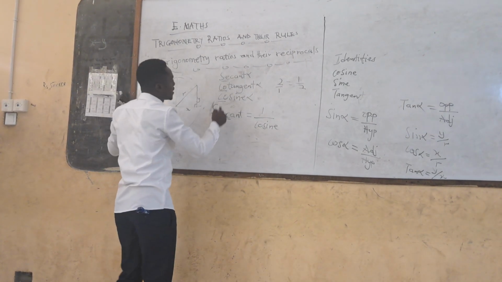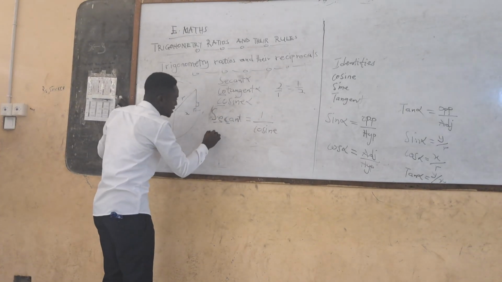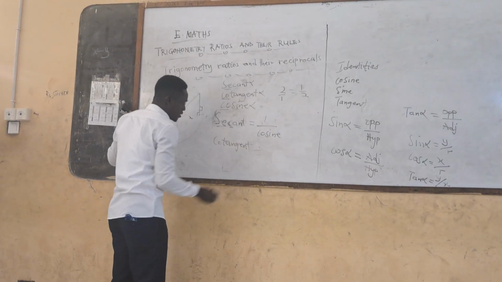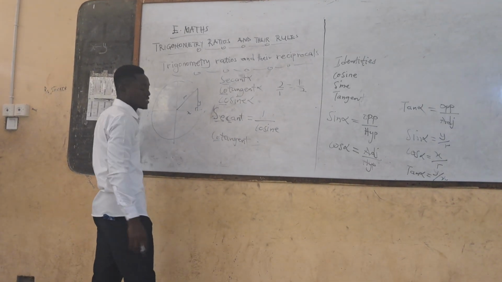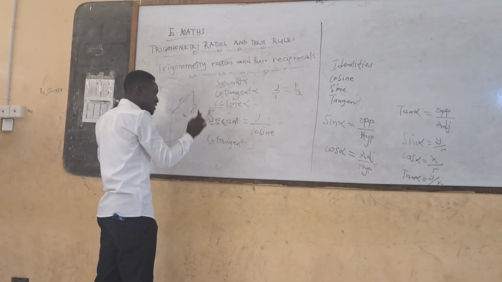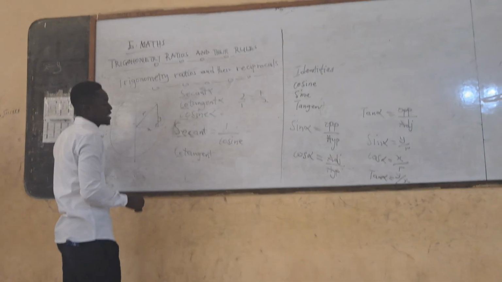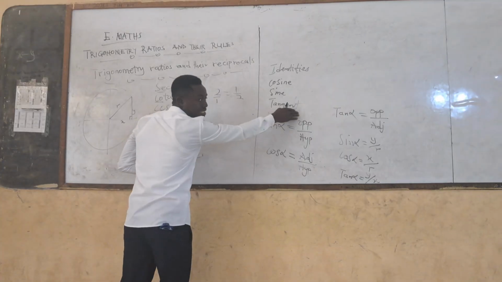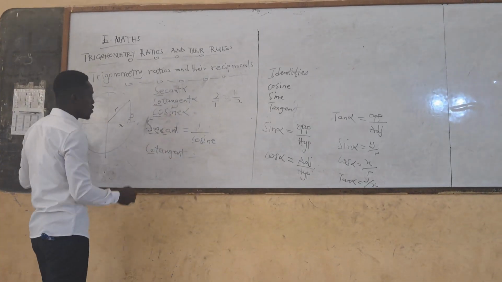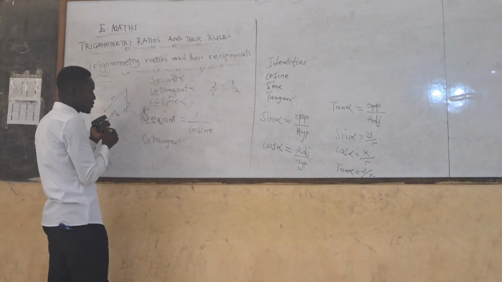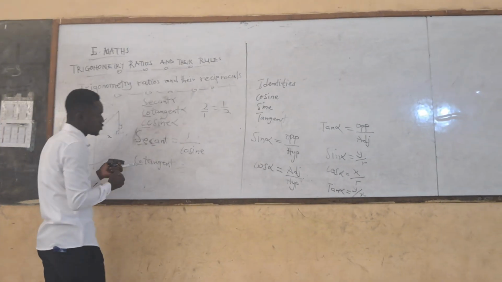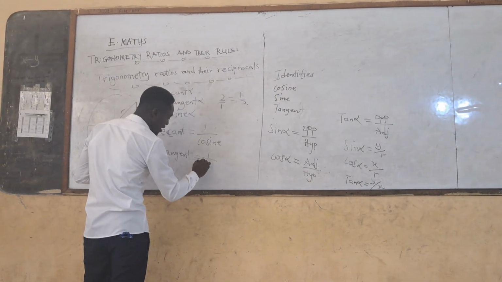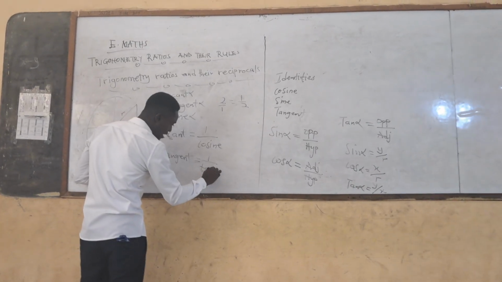Let's consider cotangent. If I analyze the first two letters, then I consider the third letter, T, which represents what? Tangent. So cotangent is the reciprocal of what? Tangent. So this is also equal to 1 over tangent.